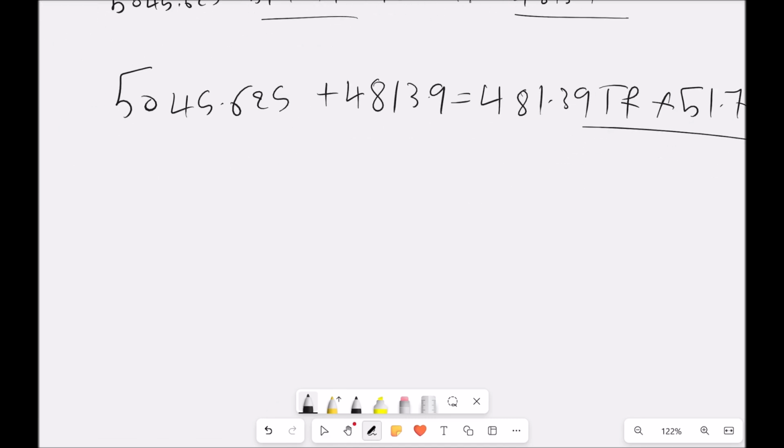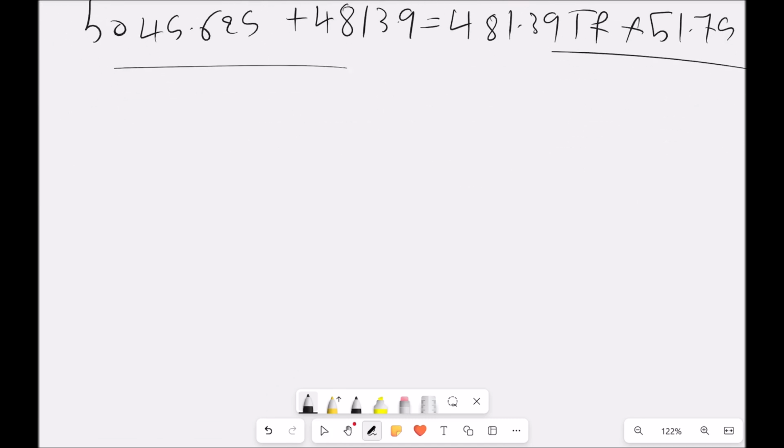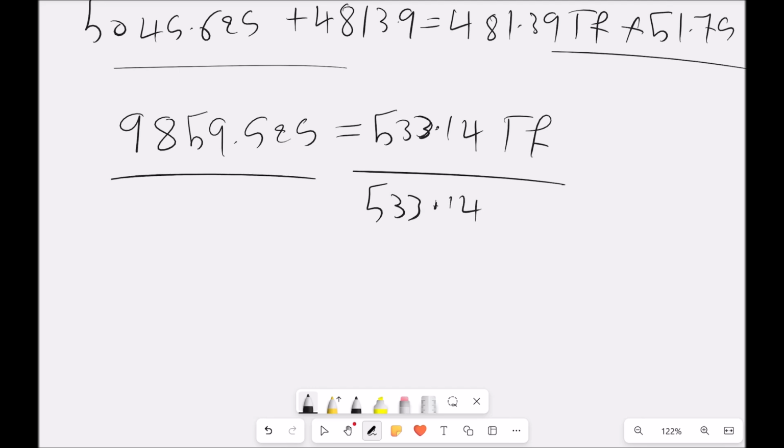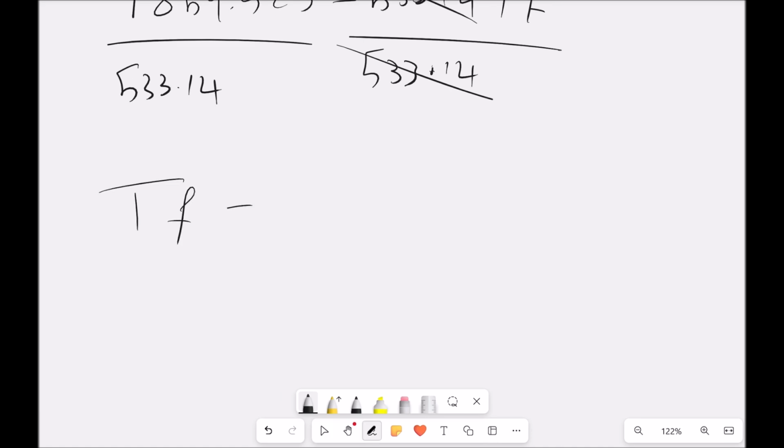Add these two together and add this one together too. So you get 9,859.525, and the other side you get 533.14 T final. Divide this by 533.14 and divide the other side too. 533.14 cancels. T final is going to be 49 Celsius.